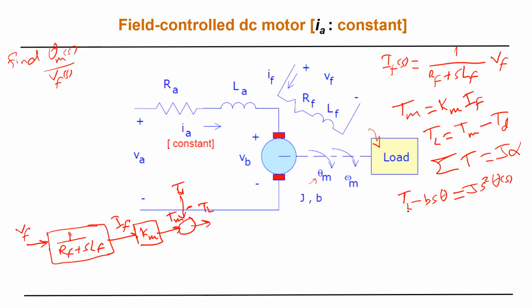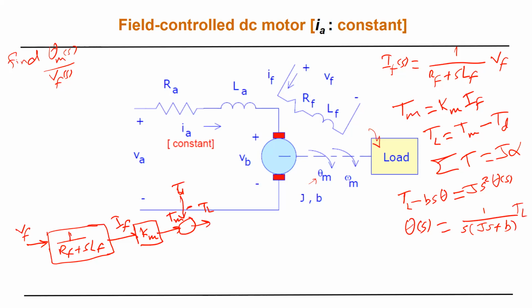So, in terms of TL, theta of S equals, solve for it: take this one to the other side and factor the S out. So S times (JS plus B) equals 1 over TL.